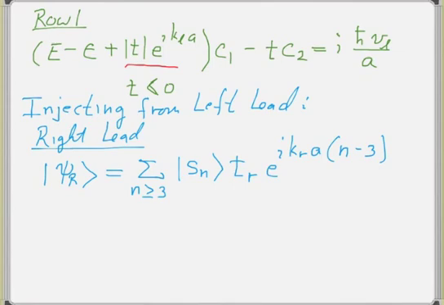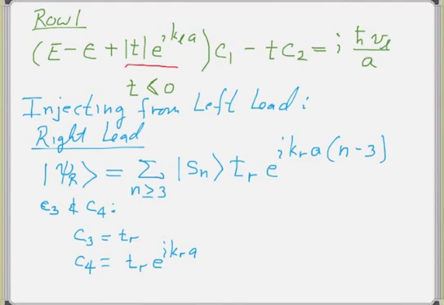The values for C3 and C4, because we have to write C4 in terms of C3, just to truncate our infinite set of equations. We have C3 is this transmitted amplitude. C4 is T_R e to the i k_R a.